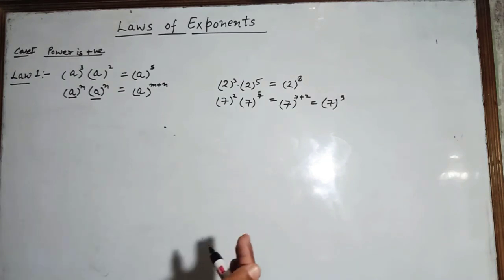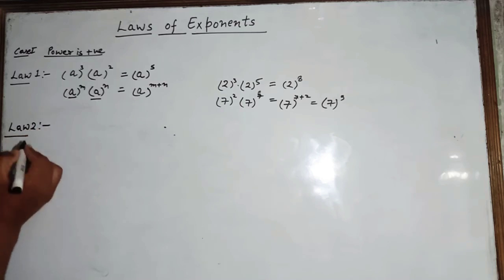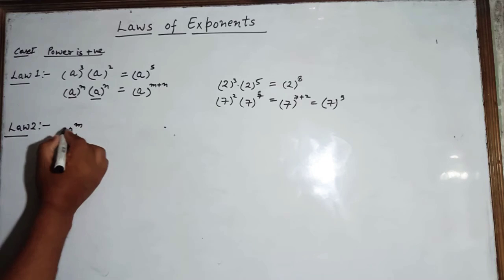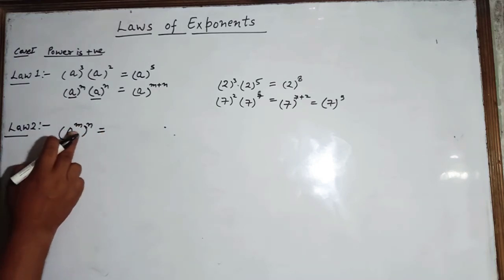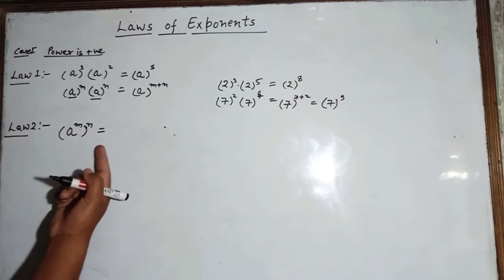Now come to the second law. The second law says if a number is like this, a to the power m, bracket, to the power n, what can we write it as?